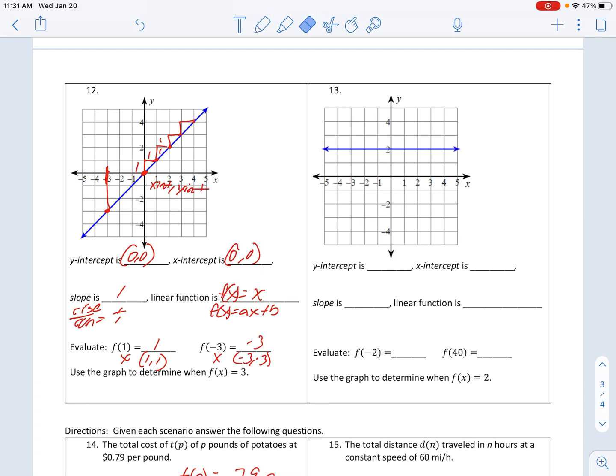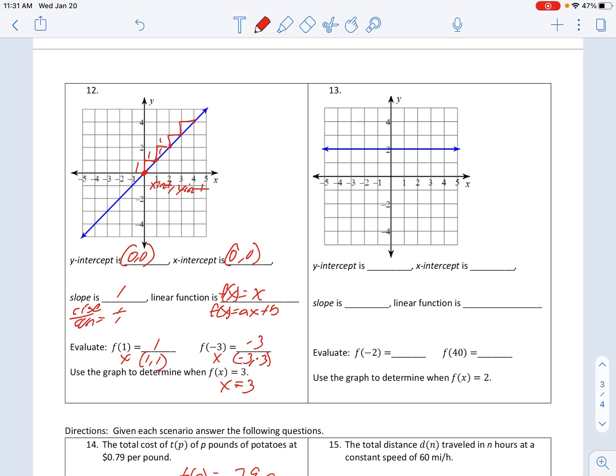Let's try this again. Okay, and then the last one there, the output. Where does the graph have a y value of 3? What does the x have to be? So here's y is 3, right here, and that's at 3 in this case. So x equals 3.